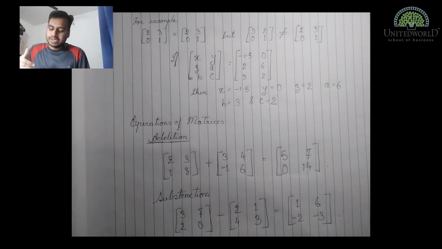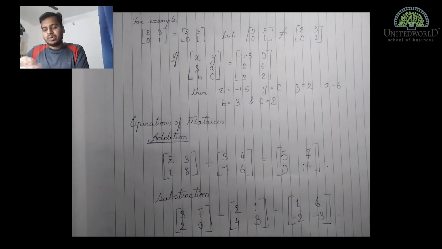So if you check this particular question, x, y, z, a, b, c, it's a 3 into 2 matrix. That's the order. There are 3 rows and there are 2 columns. That is equal to minus 1.5, 0, 2, 6, 3, 2. These two matrices are equal. Now we have to solve for all the variables x, y, z, a, b, c.